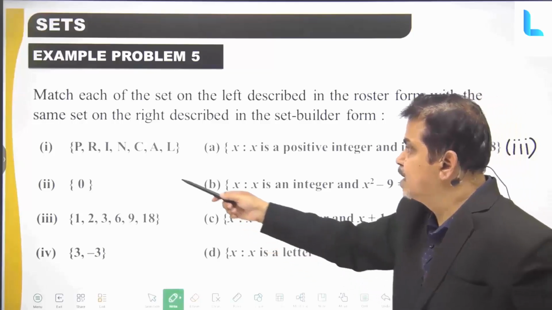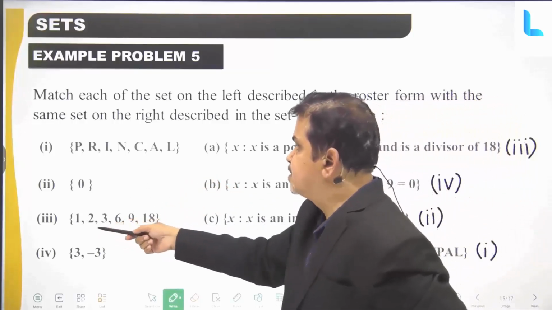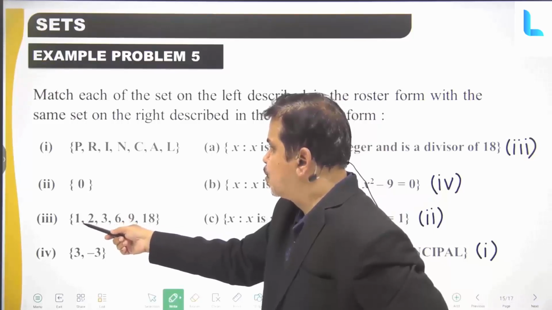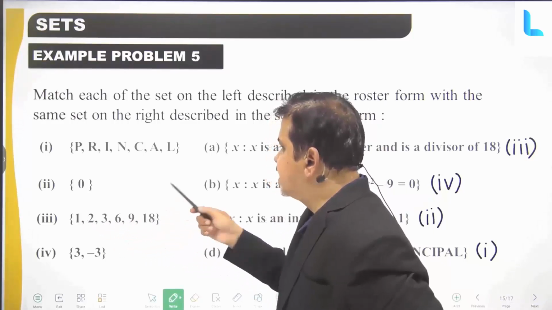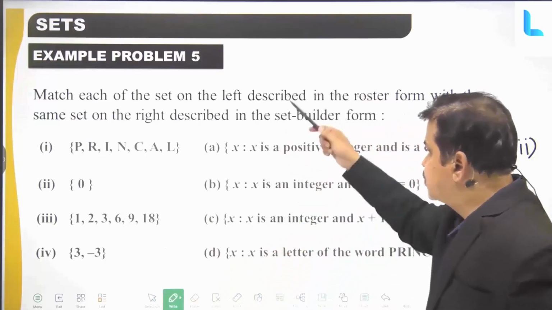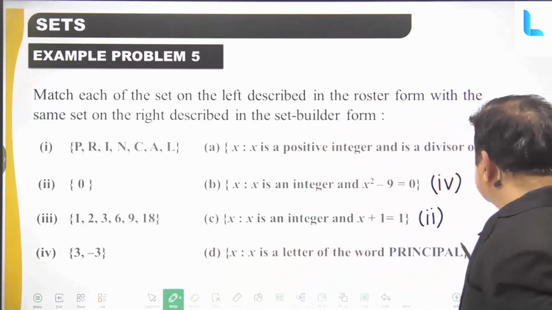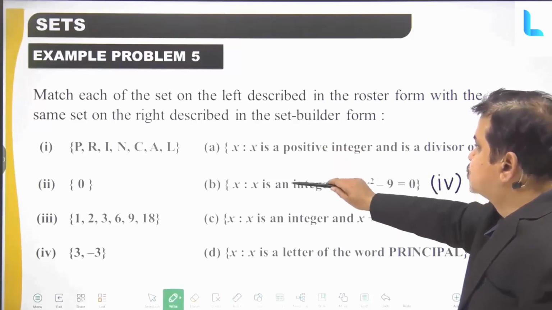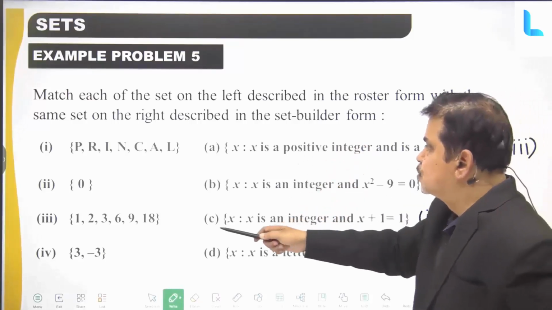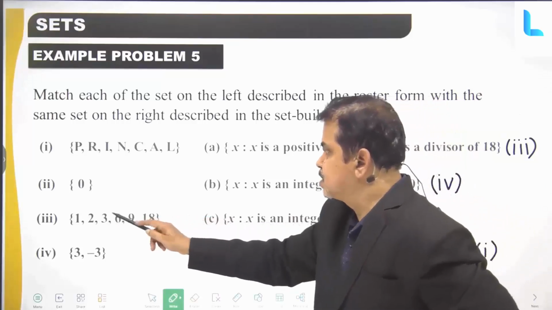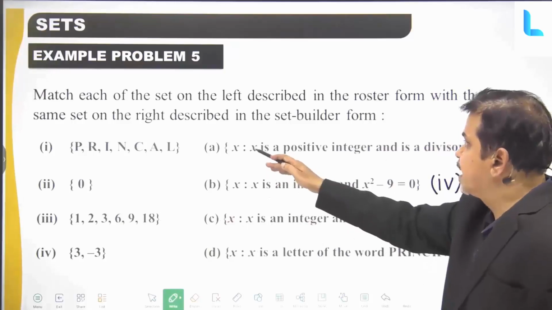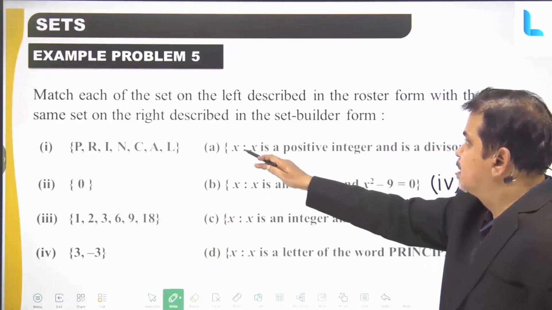Similarly, consider number 3. Here the elements are 1, 2, 3, 6, 9, 18. You can eliminate the first two options, and you have only two others.